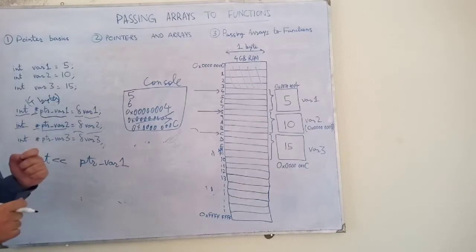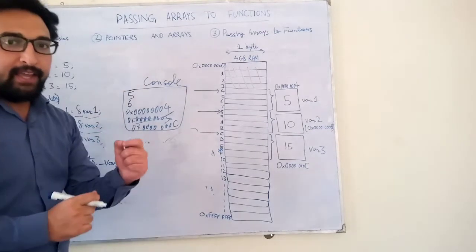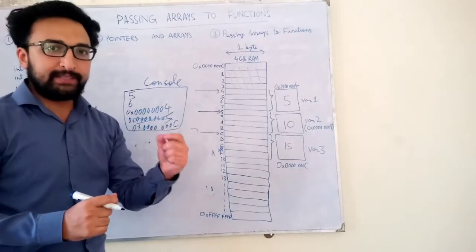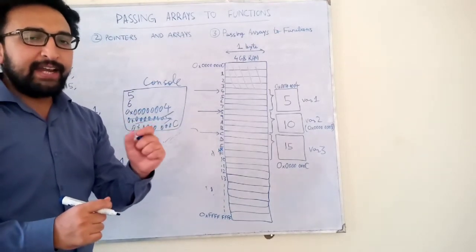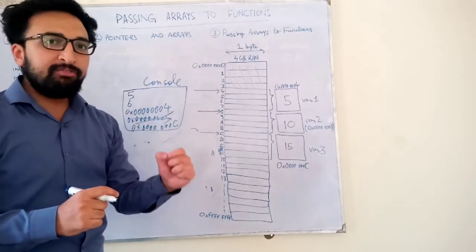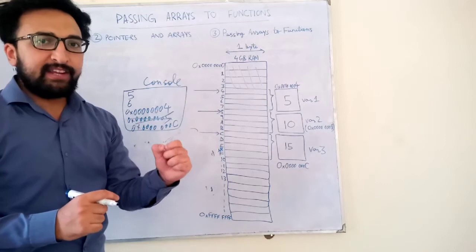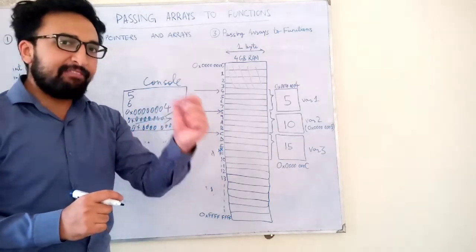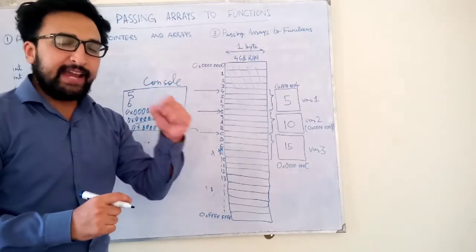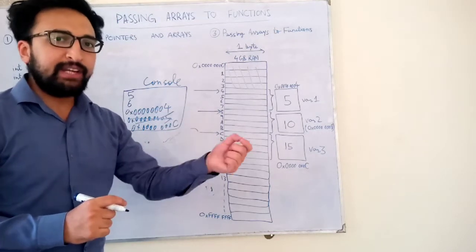We know that dereference operators are used when we want to access a certain value from a certain address. When we write a star, which is a dereference operator, along with the name of the pointer variable, it dereferences the value from the address that the pointer variable is pointing to.